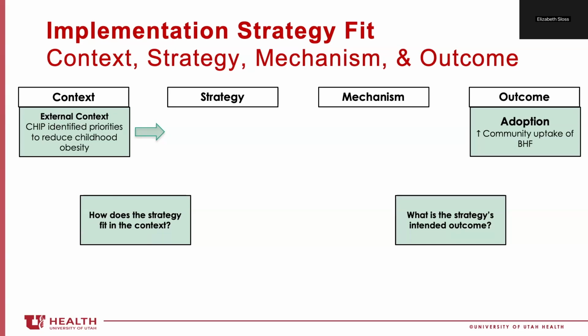We need a strategy that really just lets folks know that there's opportunities to address that priority. And so for this one, we selected a fund and contract strategy. Basically, we sent out a call for applications for communities that would like support to initiate a childhood obesity program in their area.